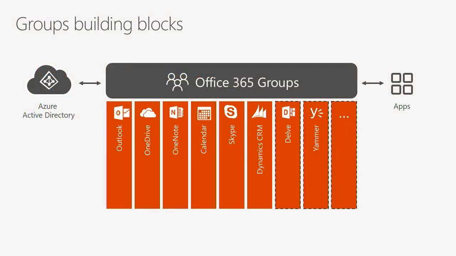Office 365 has a number of different elements that are part of that group hierarchy. We get Azure Active Directory, which controls the identity. We've got Outlook, OneDrive, OneNote, Calendar, Skype. Dynamics CRM also ties in with Office 365 groups now, as will Yammer, which we'll be integrating in the future, and we've got Planner in there as well.